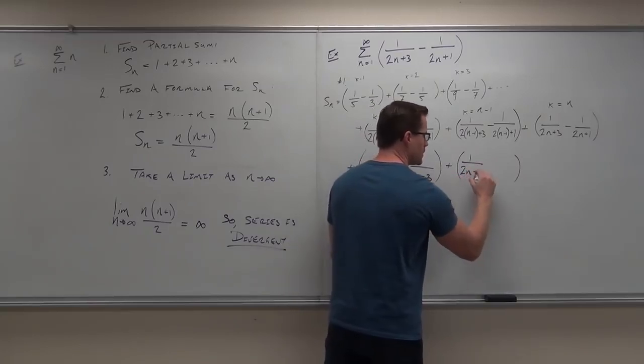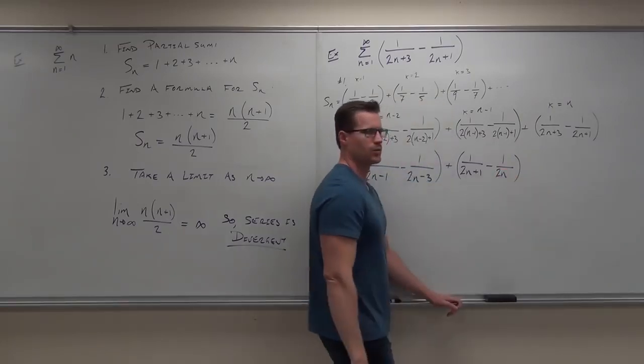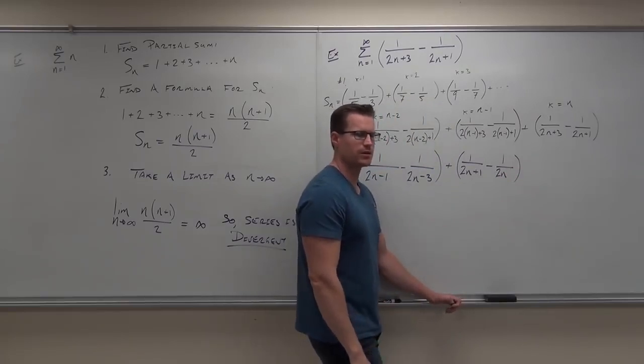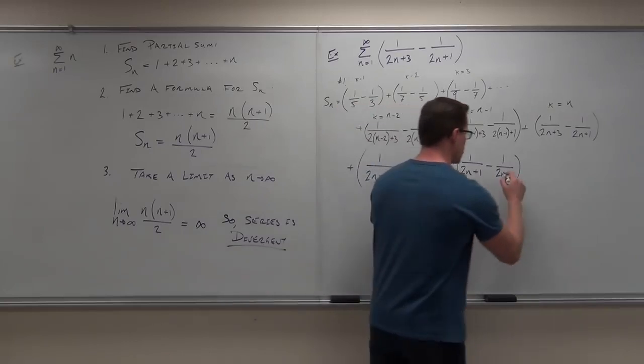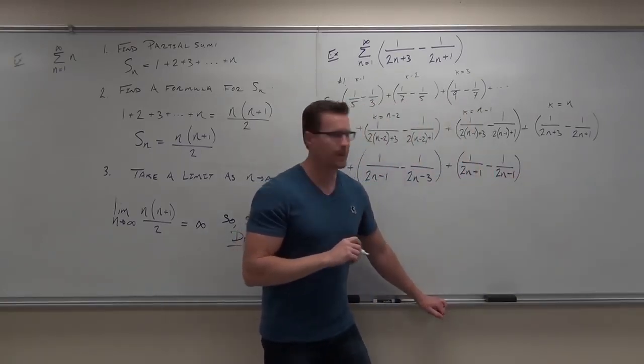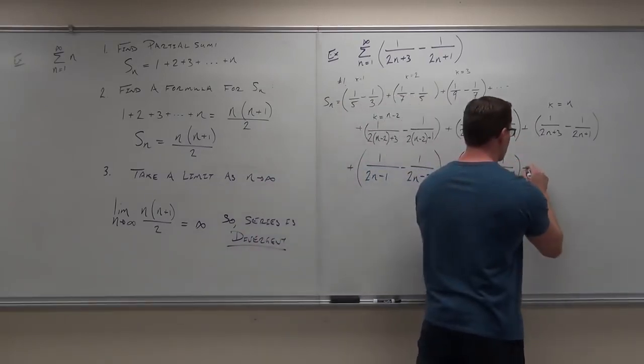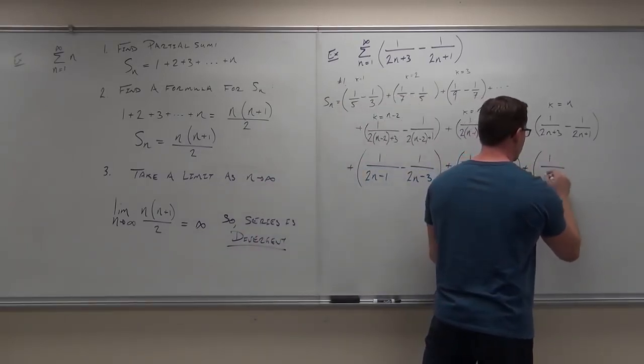Plus 1. Minus 1 over 2n. Please don't give me 2n on this. Minus 1. Do you see where the minus 1 comes from? You can't just subtract 1, add 1. You have to distribute then combine like terms. Now this one, this is good to go.